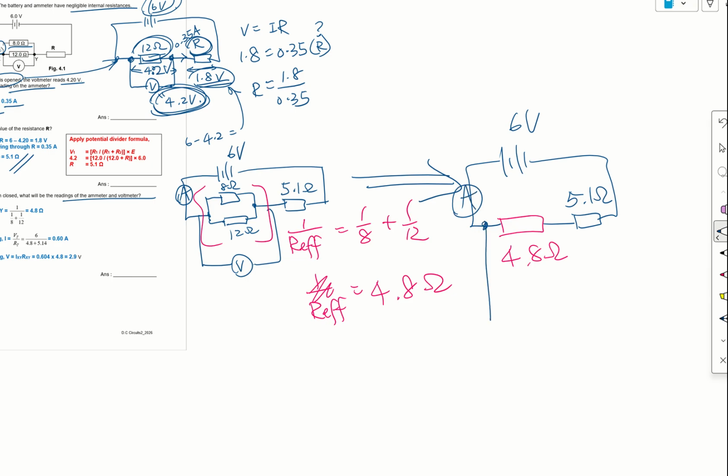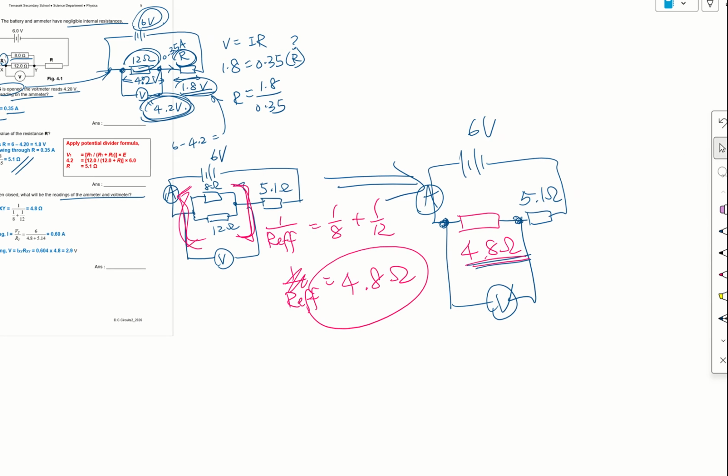My voltmeter is across this 4.8 ohm resistor. Look at this pink color box that I put around this parallel resistor. I get 4.8 ohm by using the parallel resistors formula, and my V is just across this pink color box, the effective resistance.